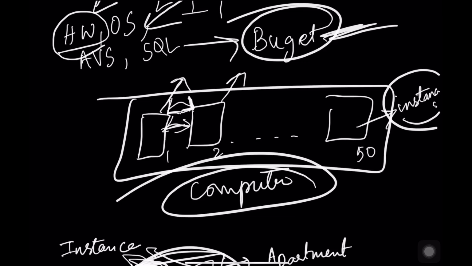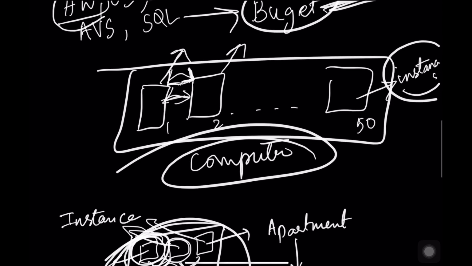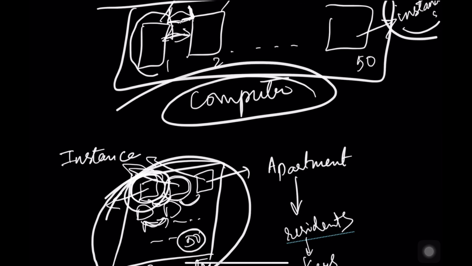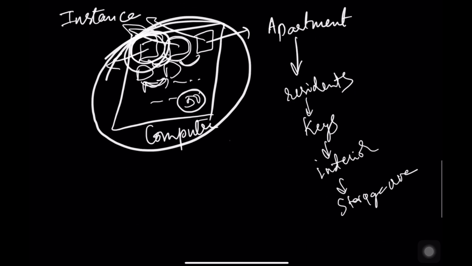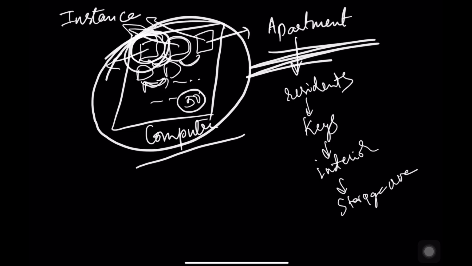They are all isolated from each other because this server holds its own data. It is not shown to any other company. That's the reason I gave you the example of a building and apartments. These apartments don't interfere with one another. So you could have one instance for your development work, another for testing, and another for production. All are safely isolated on the same computer. This is Microsoft's simple goal.